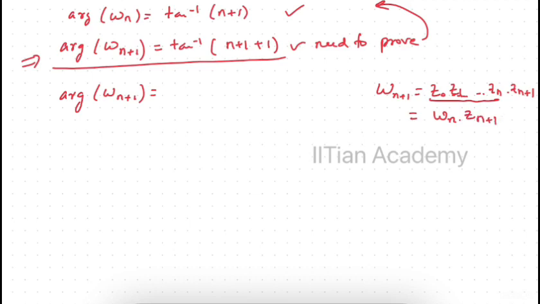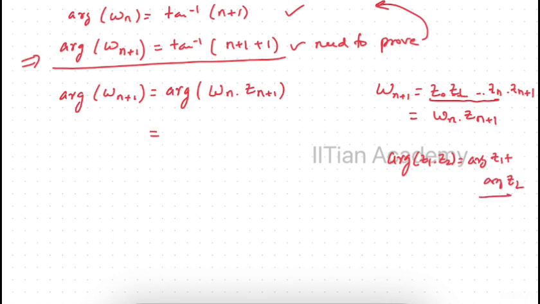Now we know that the argument of z1 z2 is nothing but the argument of z1 plus the argument of z2. This is the property of complex numbers, that on multiplication the angles get added up. So this will be the argument of wn plus the argument of zn plus 1.